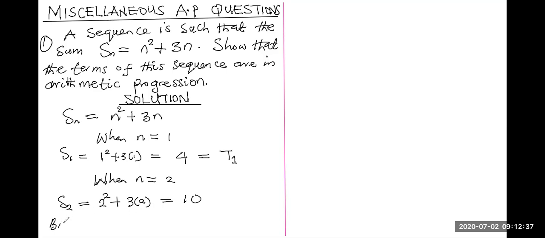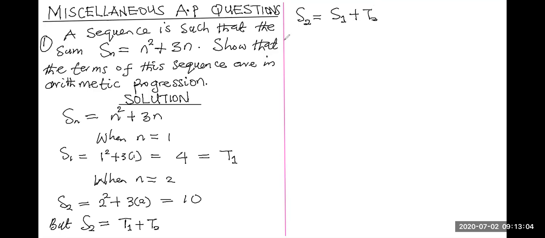S2 is adding the first term, t1, plus the second term, t2. But our t1 has been gotten as S1, so we cannot say that S2 is the same thing as S1, then plus t2.